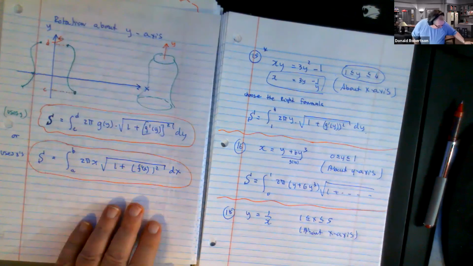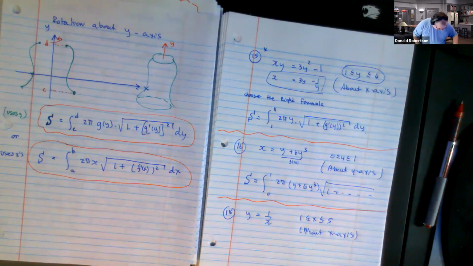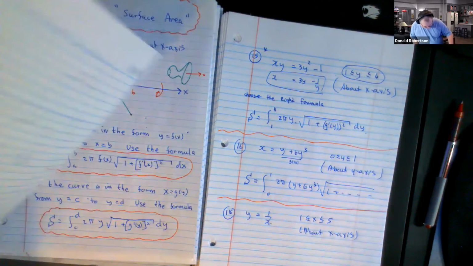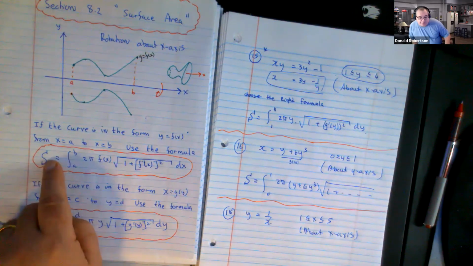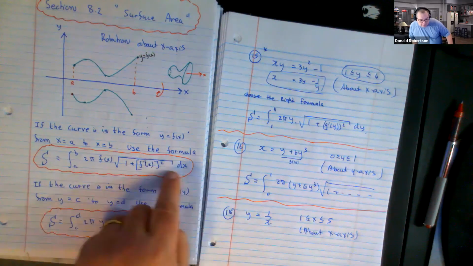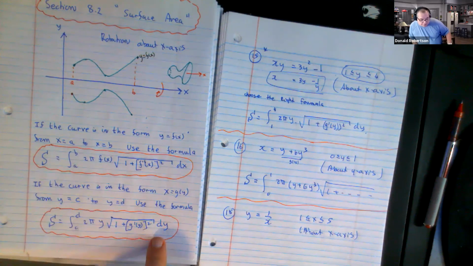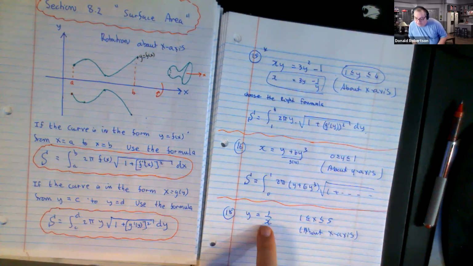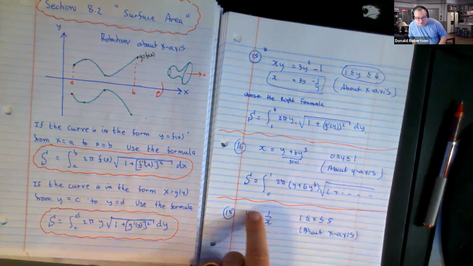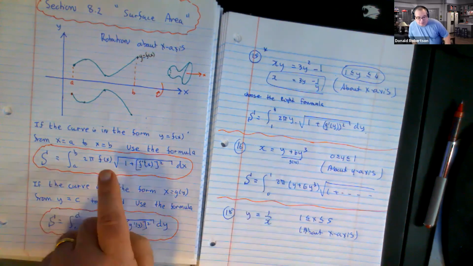Since it's rotated about the x-axis, we use one of these two. If the information contains x's, I use the top one. If the information about the curve contains y's, I use the bottom one. Would you agree this contains information with x's? That means top one.